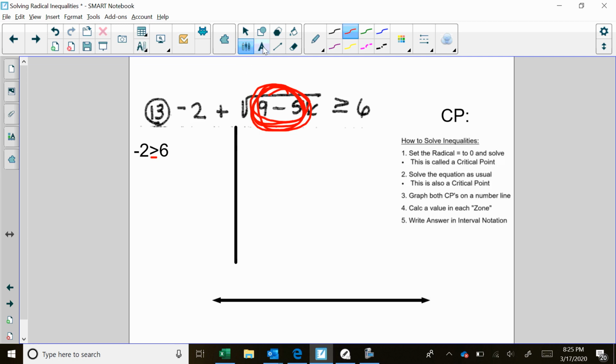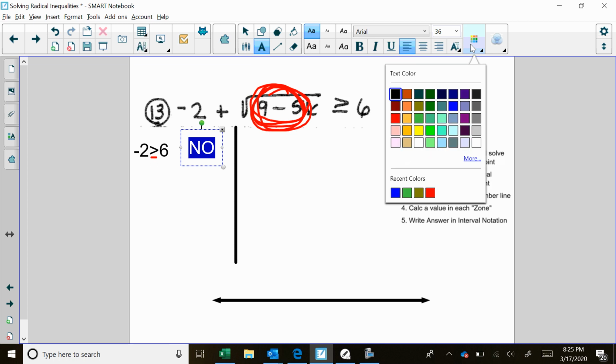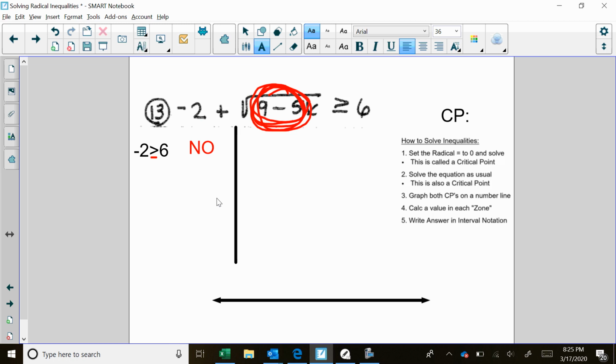I think you all should say no to that. So that's a parentheses. That's our first piece of information that we figured out, that we have a no. Now we take the 9 minus 5x and we set it equal to 0. That's going to give us that first critical point.